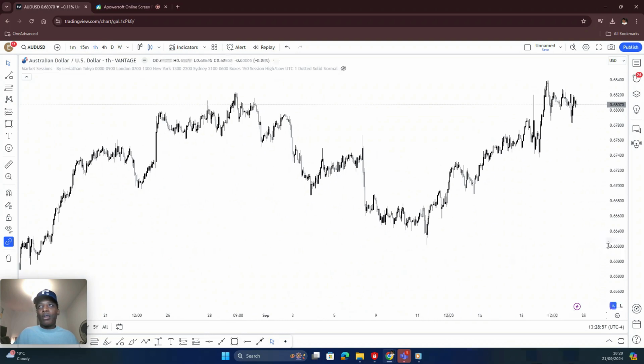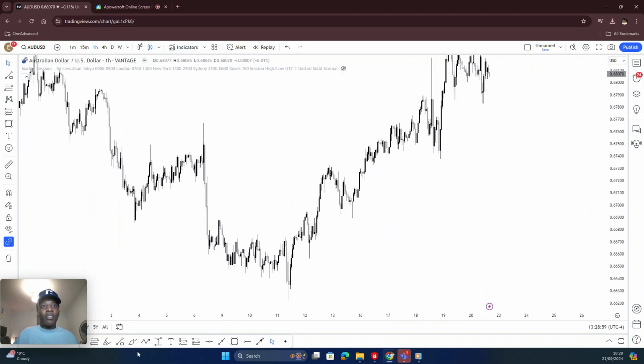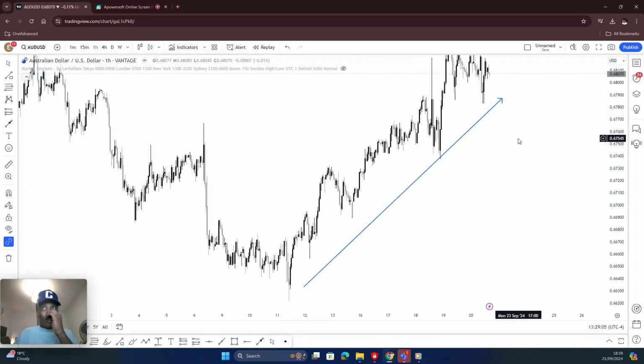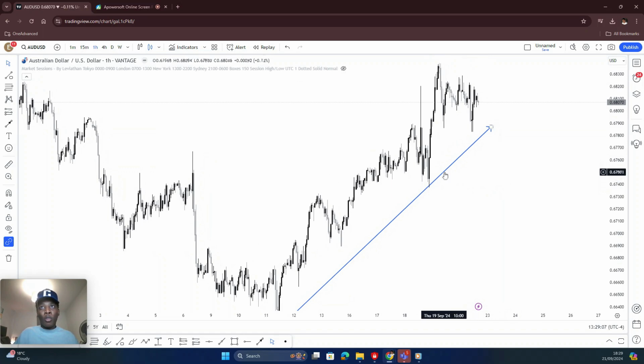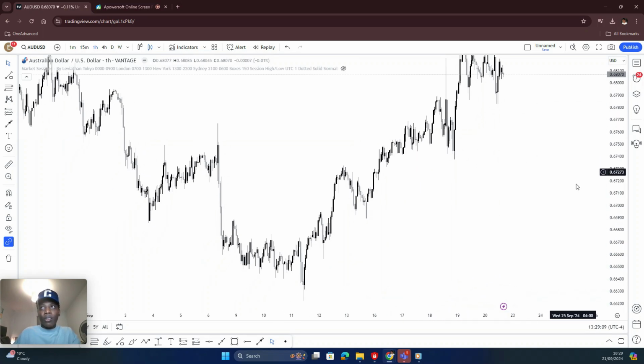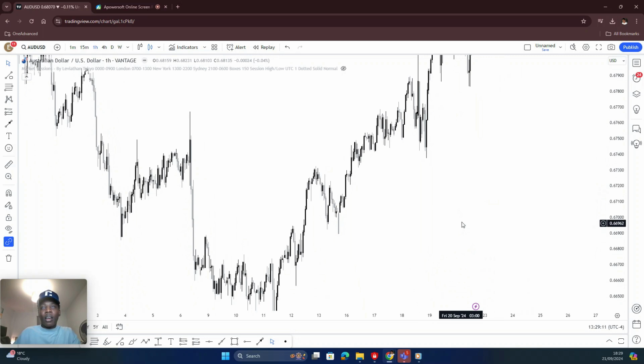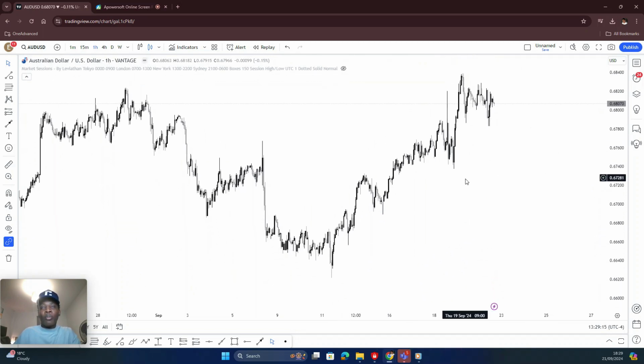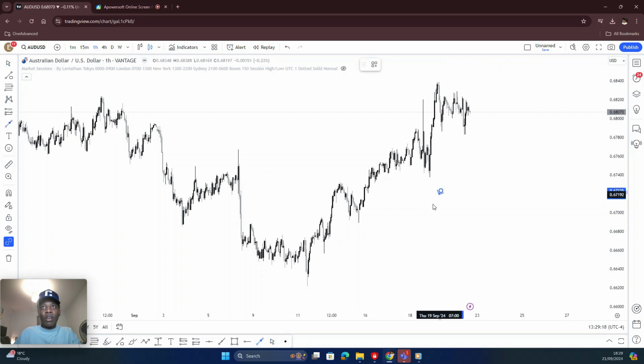Right now we can see that price is in an uptrend, moving towards the upside. This is how I like to identify the charts. I want to see where price is moving to. Is it moving to the downside or is it moving to the upside?